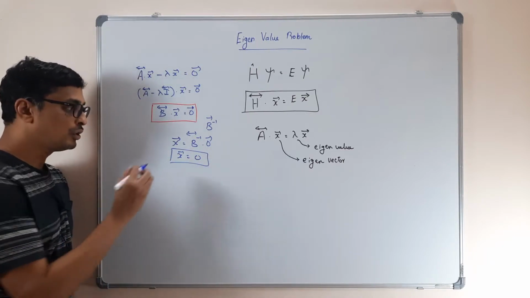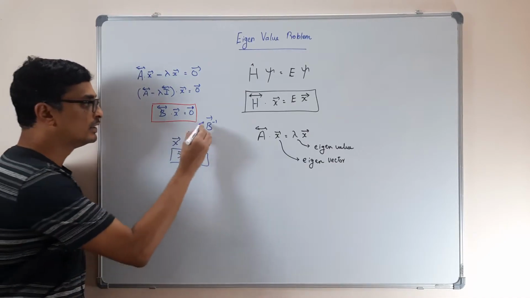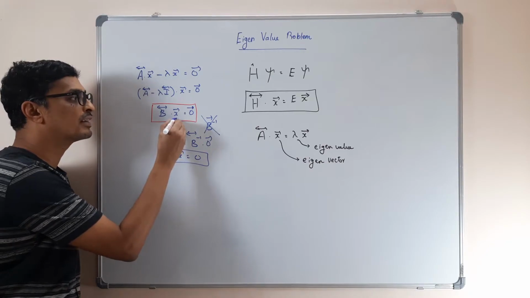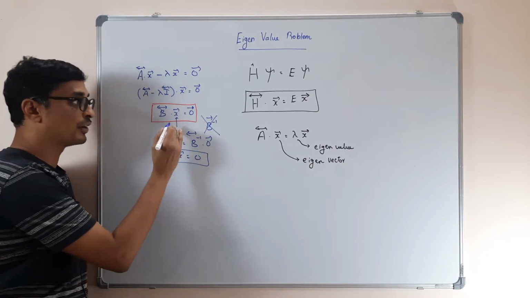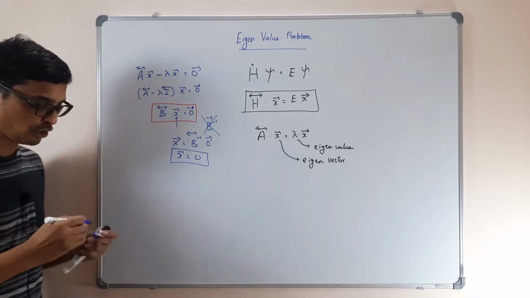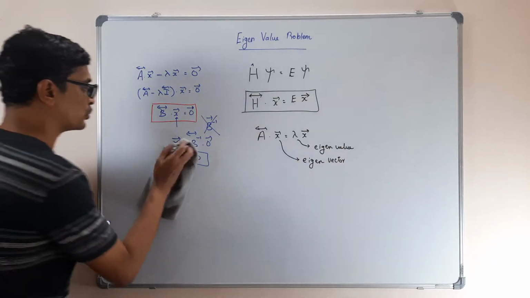If you want a non-trivial solution, then B must be singular, so that B inverse does not exist. Then there can be a non-zero vector space X which can be mapped to 0, and that space we call the null space that we saw in our earlier lecture on singular value decomposition.